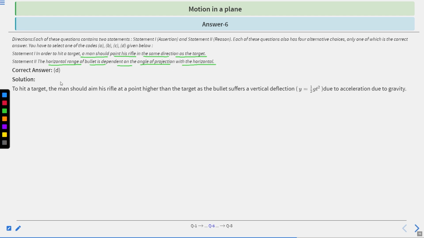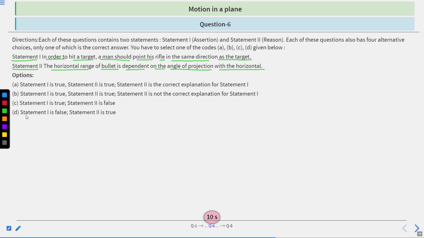The solution is: to hit a target, the man should aim his rifle at a point higher than the target, as the bullet suffers a vertical deflection due to acceleration due to gravity. So the correct answer is D. Clear?